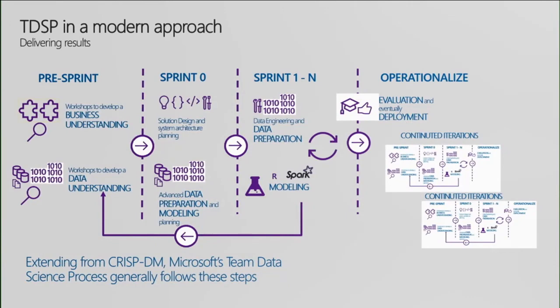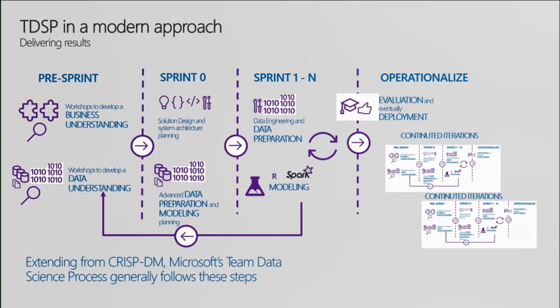And finally, a little more graphically, this is how we try to tackle this in our modern approach, okay? So we use, I would say, a pre-sprint, or in some situations we call this a rapid envisioning workshop, where we start working with our customer on the business understanding. We execute this with a business architect, or maybe a business SME from the customer.